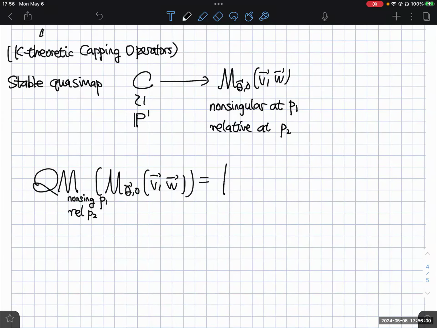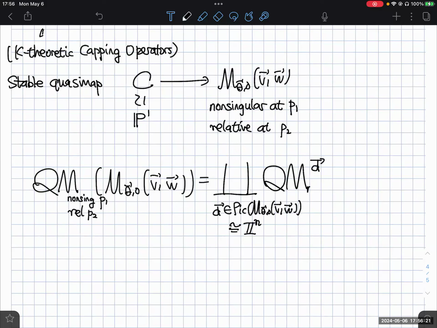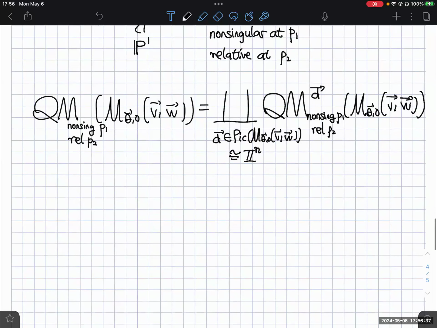And each of these quasimaps is graded by the Picard group of these quiver varieties, which in our case is Zn.